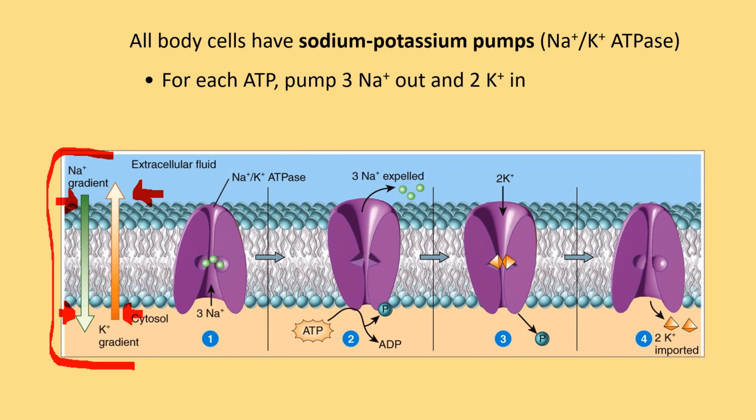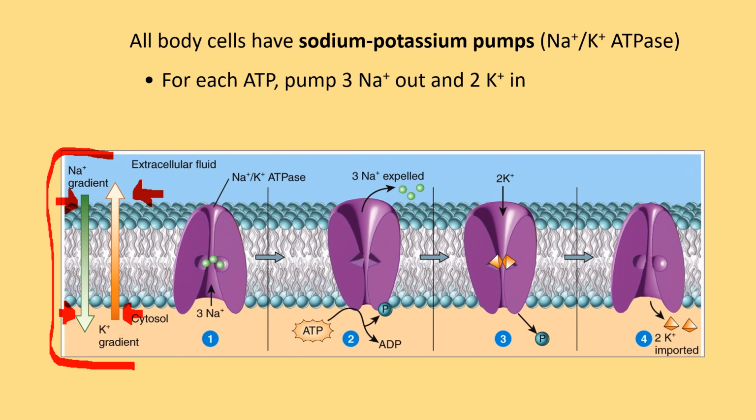So let's start with number 1. Where you see the number 1, the pump has a particular conformation, a particular shape, that allows 3 sodium ions to enter this particular site, this nook or this cubby.